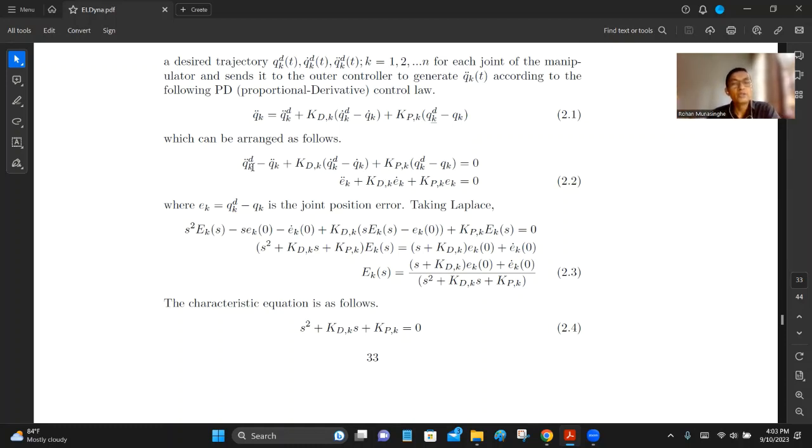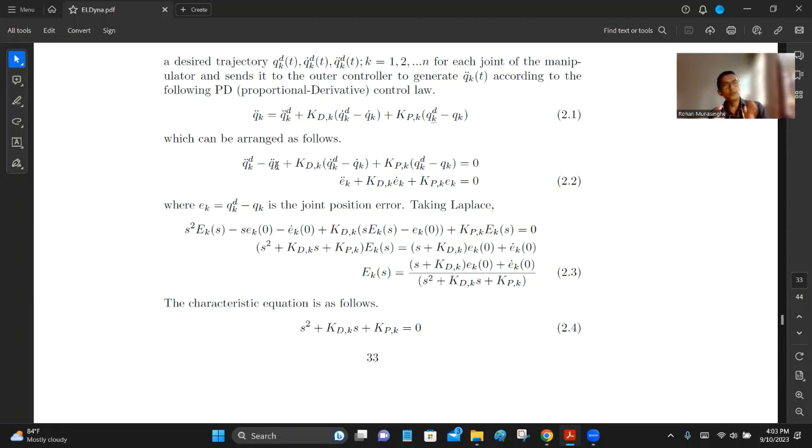Q double dot KD minus Q double dot K plus KD times Q dot KD minus Q dot K plus KP times QKD minus QK. So you can clearly understand that the third term on the left-hand side is the position error. Second term is the velocity error. And the left term here is the acceleration error. Okay?